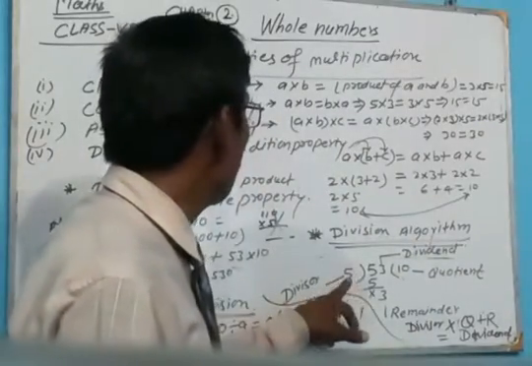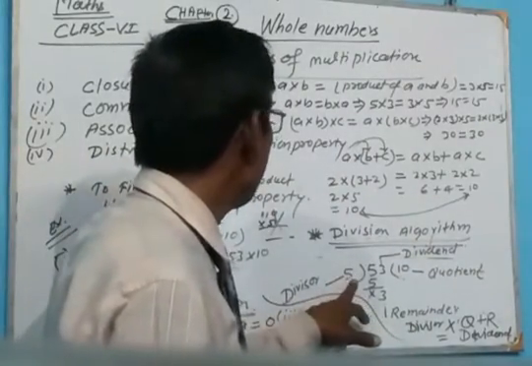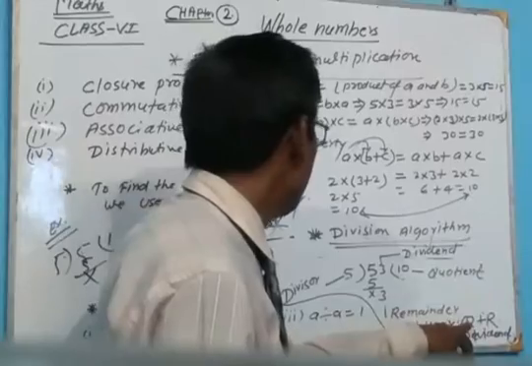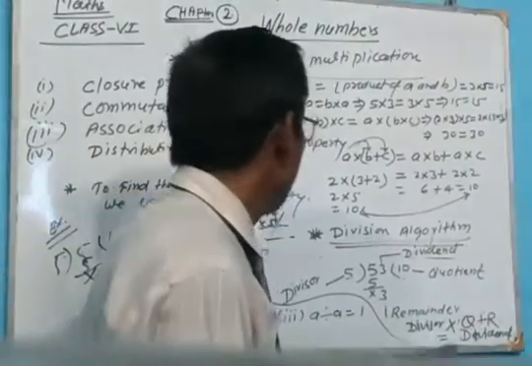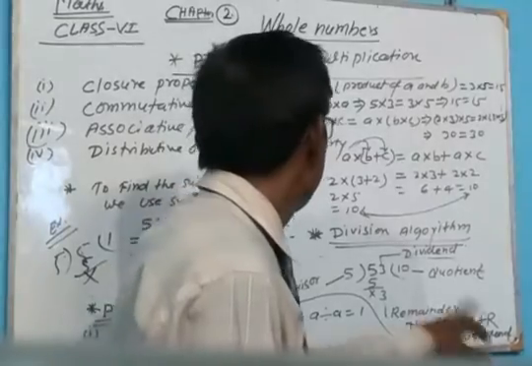Then we multiply divisor 5 into quotient 10 and we add remainder 3, we get the result of dividend.